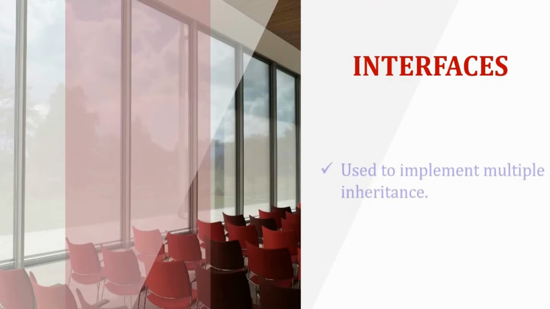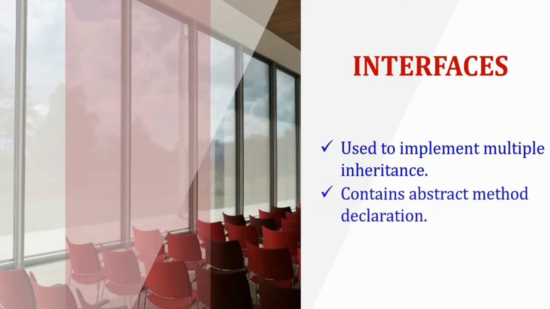Each interface should contain a declaration of abstract methods. An interface cannot contain the definition of any methods, such as user-defined or built-in methods. So you should not override, overload or define any functions inside your interface.